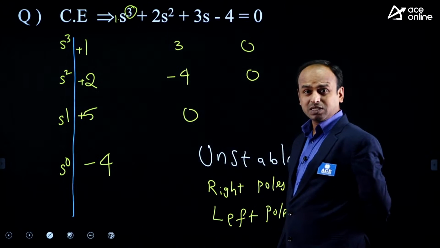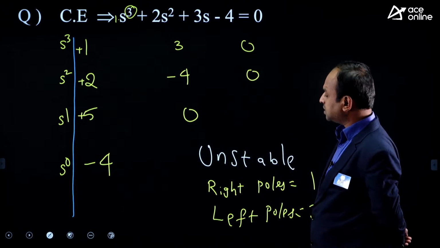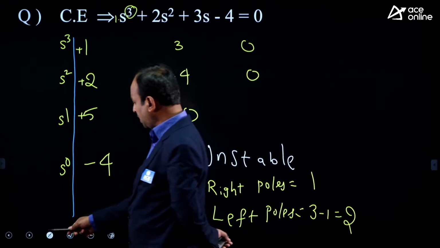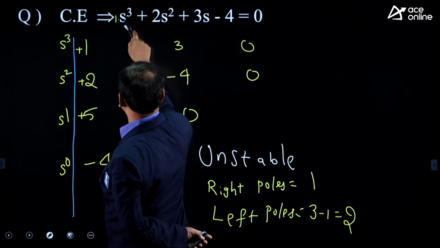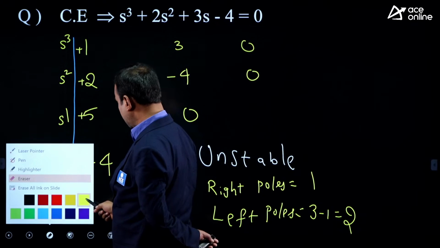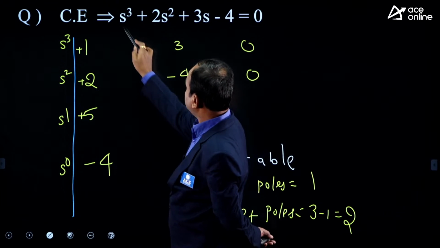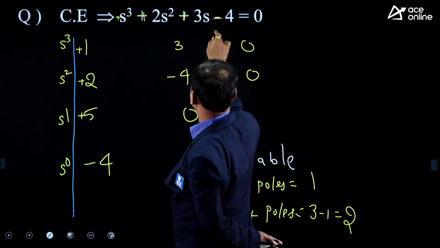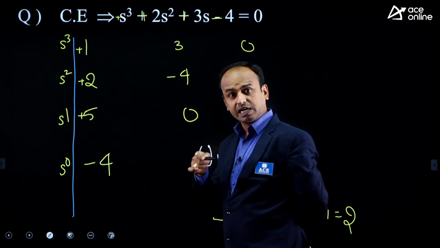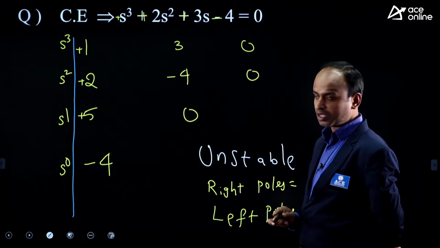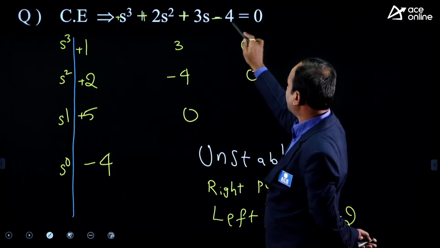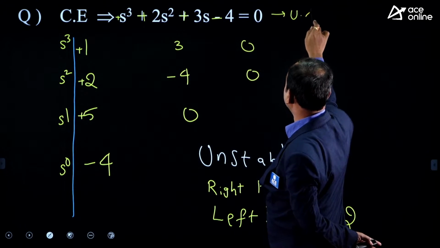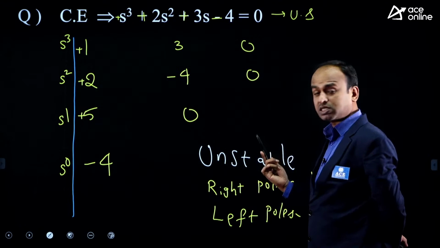So this much of risk is not required. There is a simple technique to comment on system stability without using the RH method. In the characteristic equation, this is positive, this is positive, this is negative. The sign has changed itself in the characteristic equation. If there is any sign change in the characteristic equation, no doubt the system is unstable only.